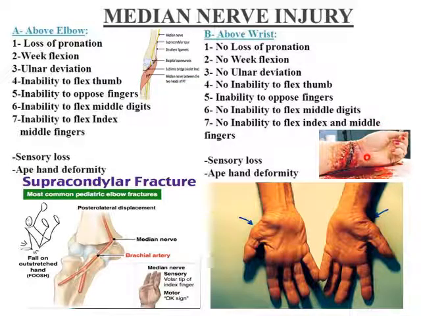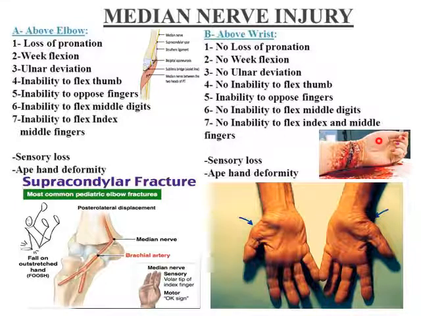The only thing that is affected is the thenar muscles and first and second lumbricals. So there is no loss of pronation, no weak flexion, no ulnar deviation, and no inability to flex the middle digits, no inability to flex the terminal phalanges of the index and middle fingers, and the only thing that is lost is the functioning of the thenar muscles.